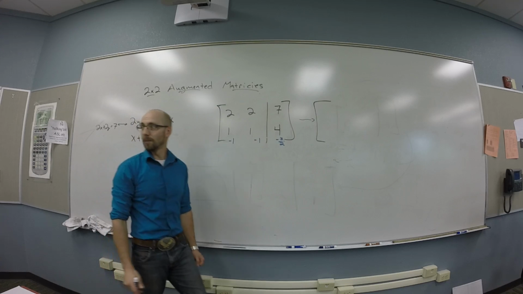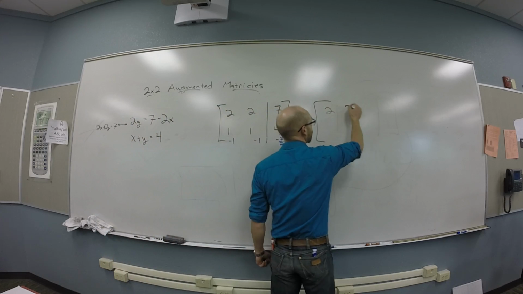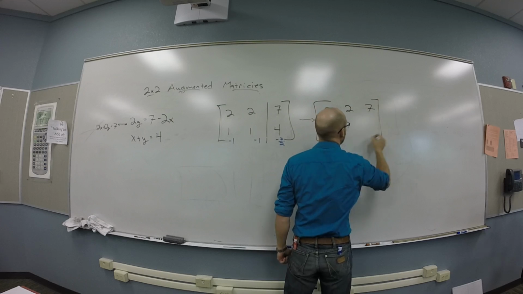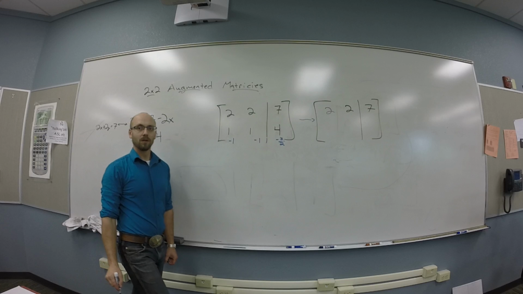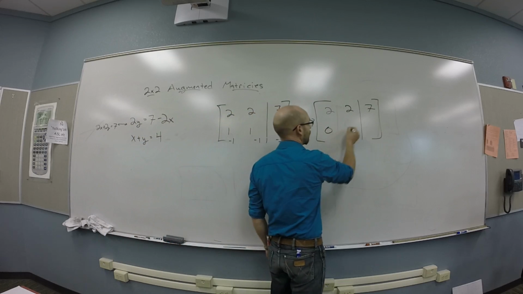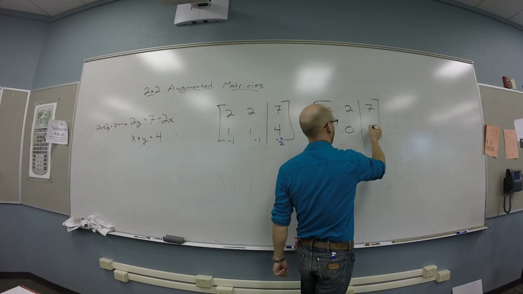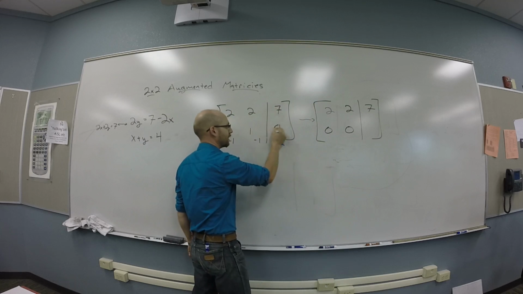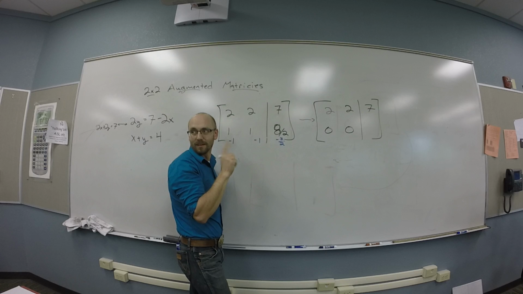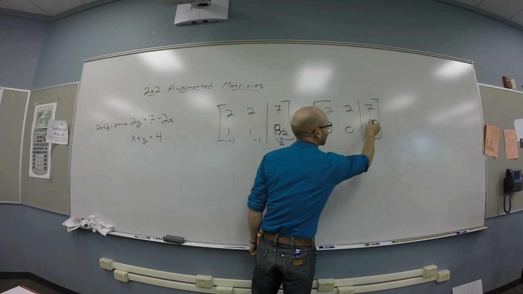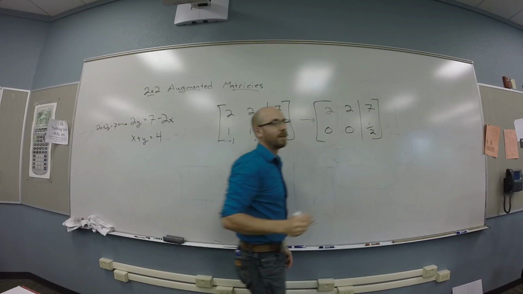Yeah, just leave the top equation be. So you got 2, 2, 7. And then in the bottom equation, you have 0, 0, and 4, which is 8 halves. 8 halves minus 7 halves is 1/2.